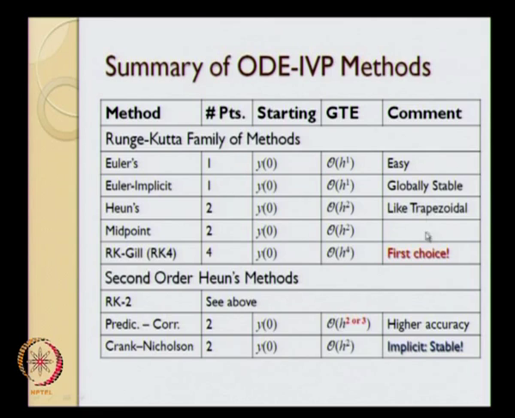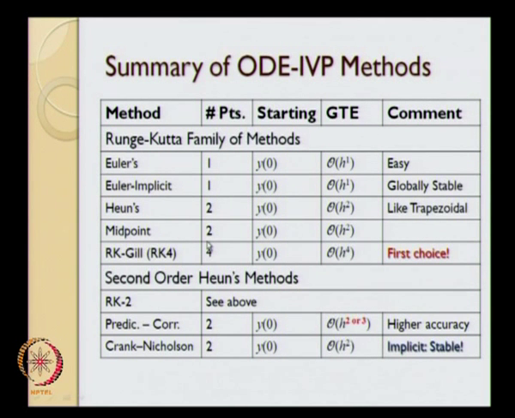Heun's method is kind of like the trapezoidal method. It is not exactly like the trapezoidal method. The Heun's predictor corrector method is much more like a trapezoidal method. The corrector equation is indeed a trapezoidal method. Heun's method uses 2 points and therefore it is an RK2 method.